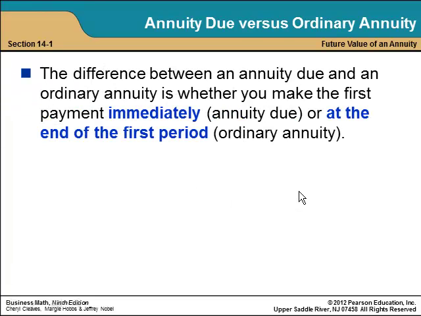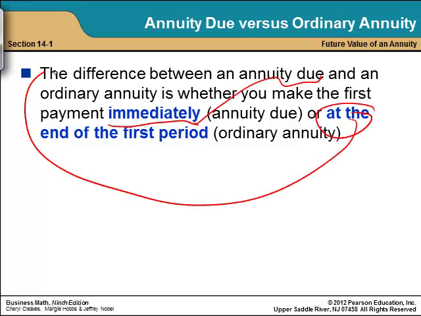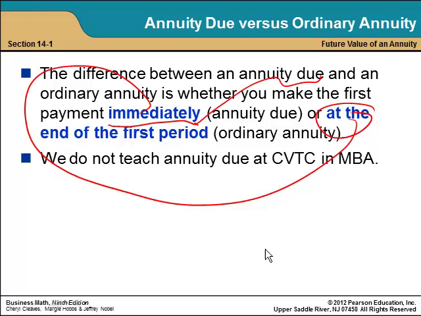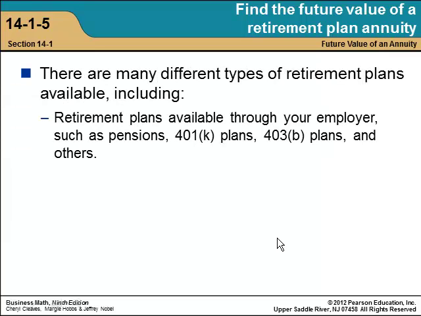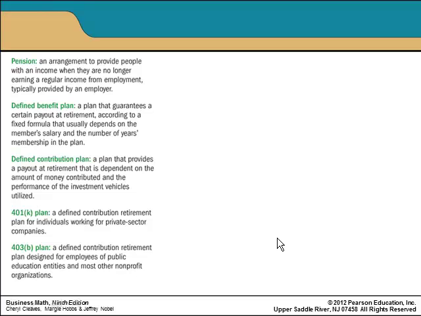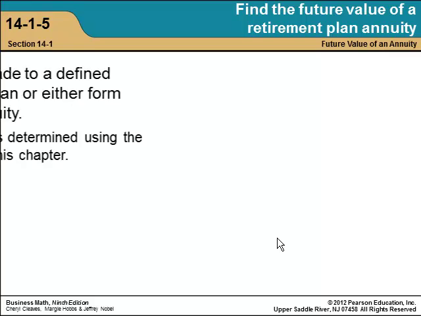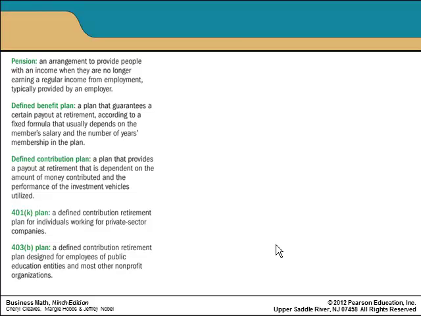Okay, the difference between an annuity due and an ordinary annuity is whether you make the payment immediately. That's an annuity due. Or at the end of the period. That's an ordinary annuity. Now in Excel, we don't teach it in MBA, annuities do. But in Excel, there is a difference between those two, and you see the different kinds of annuities here. The defined benefit plan says what you're going to get out.